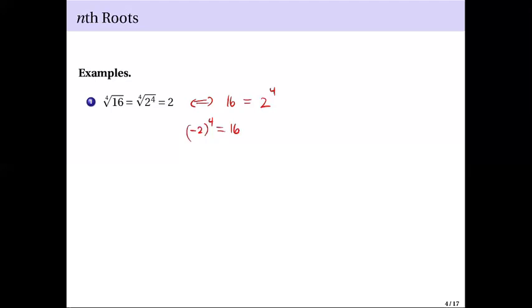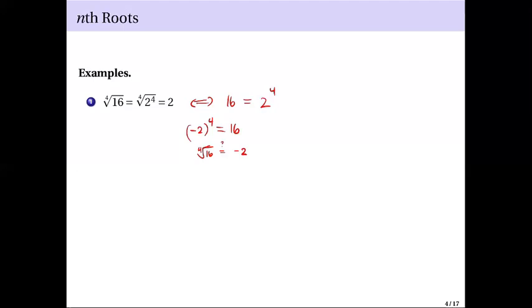Correct? You have negative 2 times negative 2 times negative 2 times negative 2. That's equal to positive 16. And you might say that, because of that, the fourth root of 16 is also equal to negative 2. Okay? Fourth root of 16, that's also equal to negative 2.